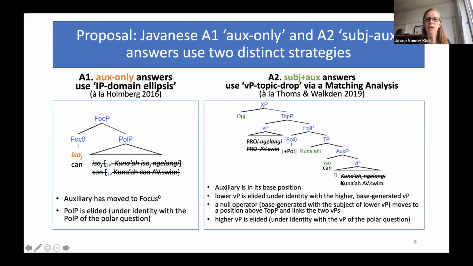There's a null operator that is base generated with the subject of the lower VP, which moves to a position above the higher base generated VP and links these two VPs, which results in the same subject. Then, different from overt VP fronting or VP preposing, this higher base generated VP is elided under identity with the polar question. So there's this syntactic relation there.